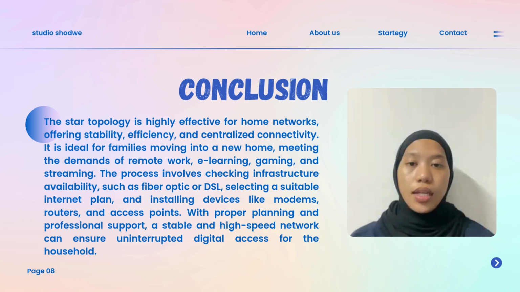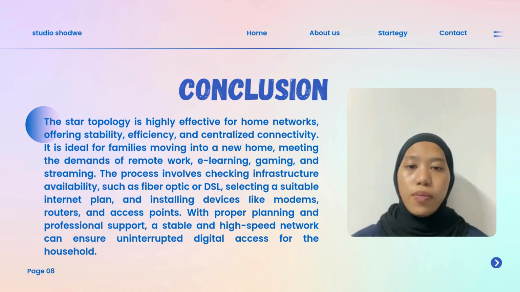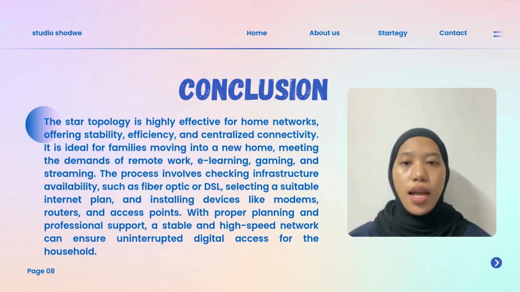chosen. The conclusion: the star topology is highly effective for home networks, offering stability, efficiency, and centralized connectivity. It is ideal for families moving into a new home, meeting the demands of remote work, e-learning, gaming, and streaming.